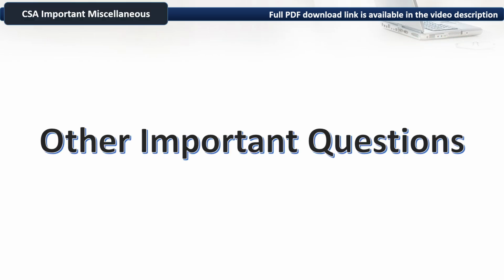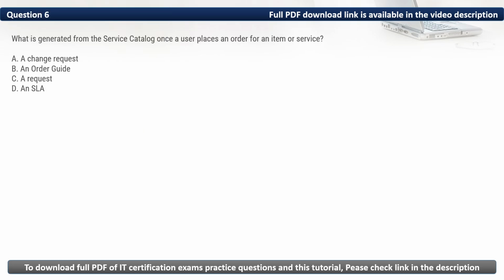To the other important questions. Question 6. What is generated from the service catalog once a user places an order for an item or service? Here in this question, once a user places an order for an item or service, a request is generated.